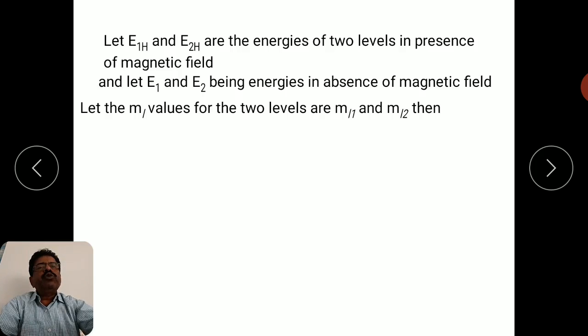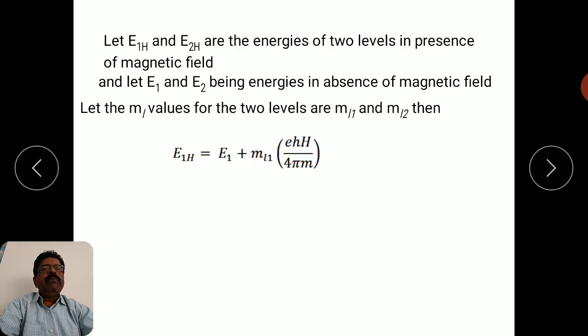At that time, the same energy levels are represented by E1 and E2, and let the ml values for the two levels be ml1 and ml2.